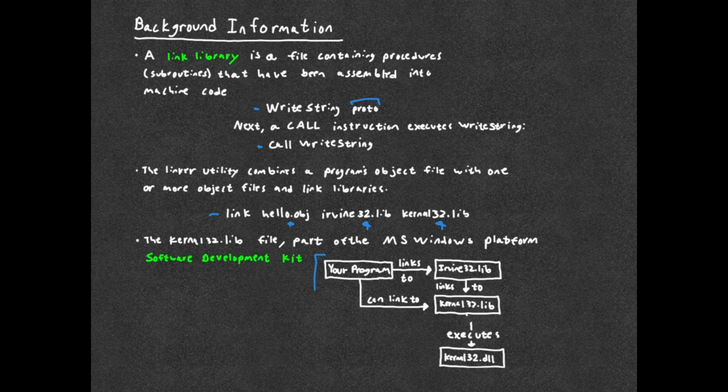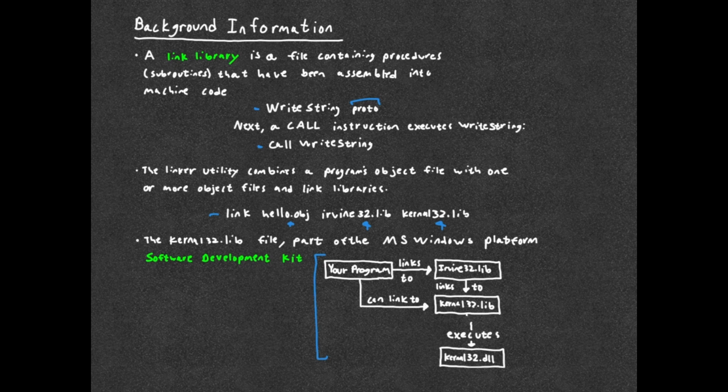This figure shows how kernel32.lib is a bridge to kernel32.dll. You have your program, which links to irvine32.lib, which links to kernel32.lib, which executes kernel32.dll.